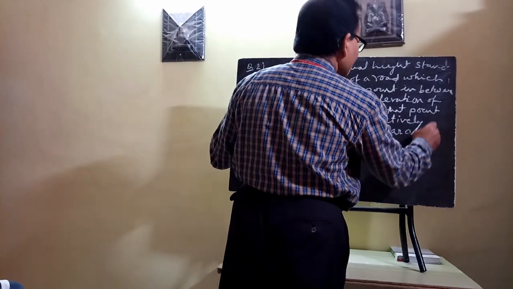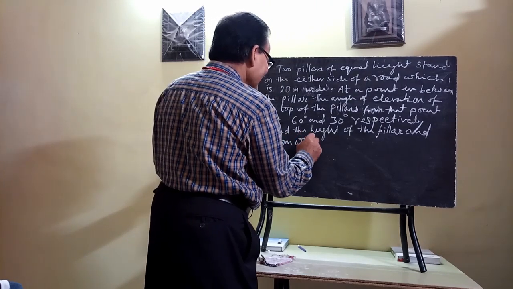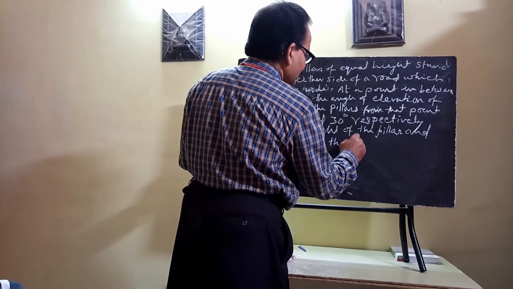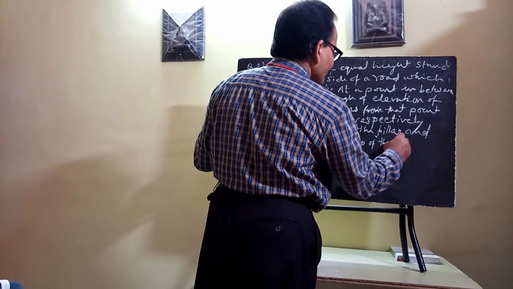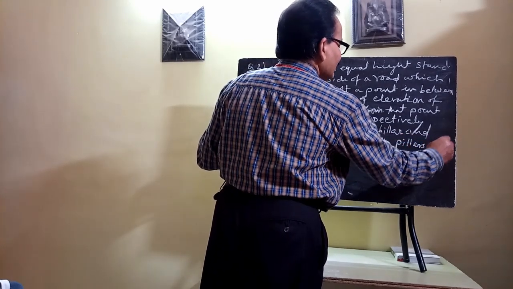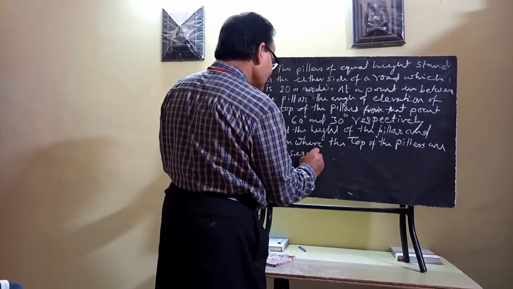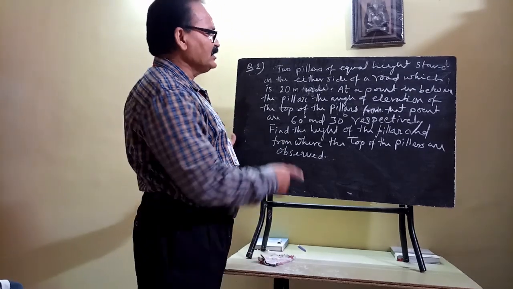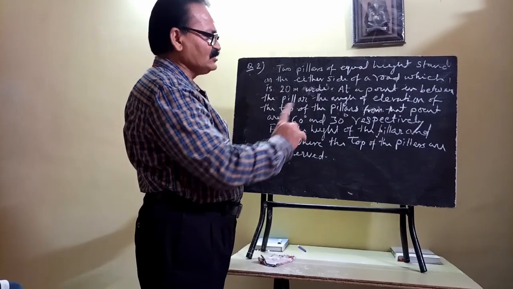And find from where the top of the pillars are observed. Try to understand the question, because in this type of question you have to first draw the diagram, as there is no diagram mentioned.